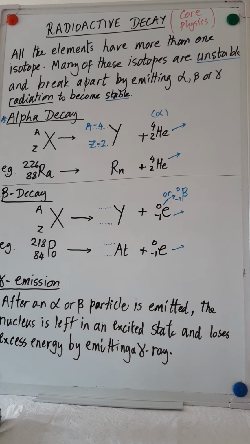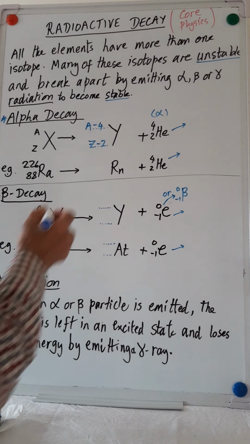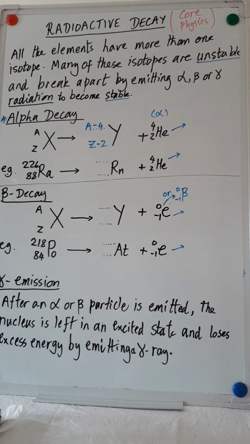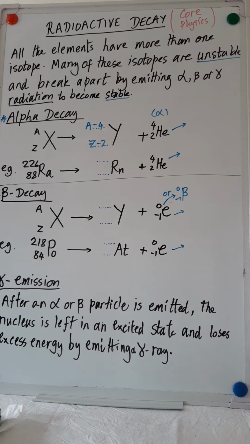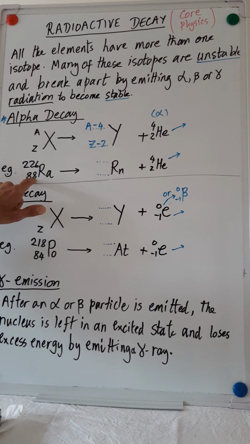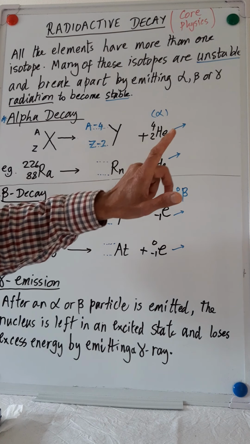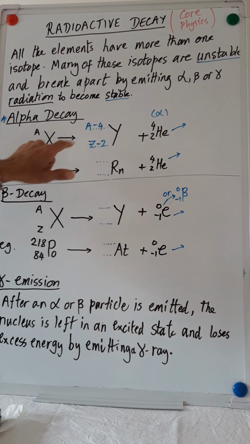Now, if we do an example, like radium-226, 88, decays by alpha emission to radon, we'll see what the mass number and the atomic number of radon is going to be. Now, remember, this is 88 protons, so 2 of these protons have come out as alpha particle, so there'll be 2 protons less.